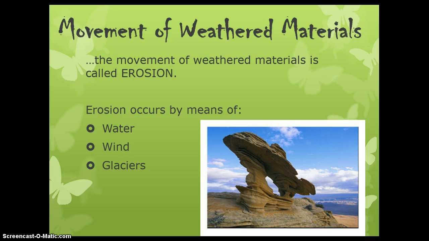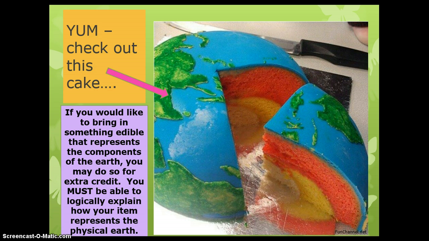This rock has been eroded by, if you guessed wind, you are correct. The wind blowing little pieces of sand and so forth has weathered this beautiful rock to make it look this funky formation. The same thing occurs not only with wind, but with water and also glaciers.